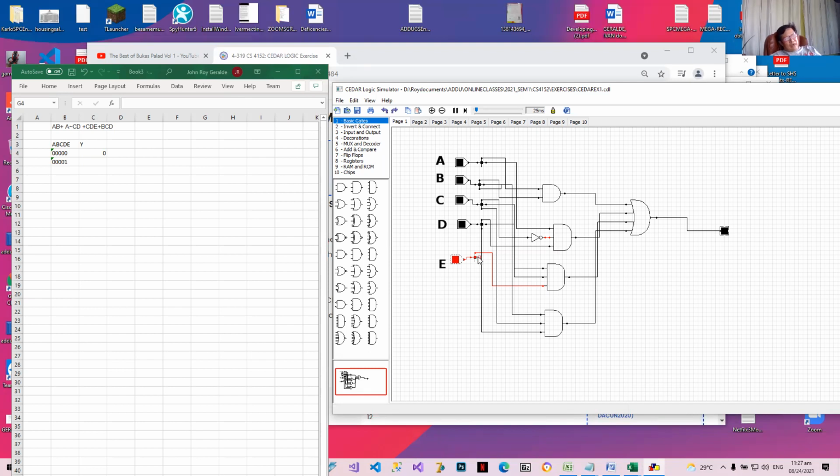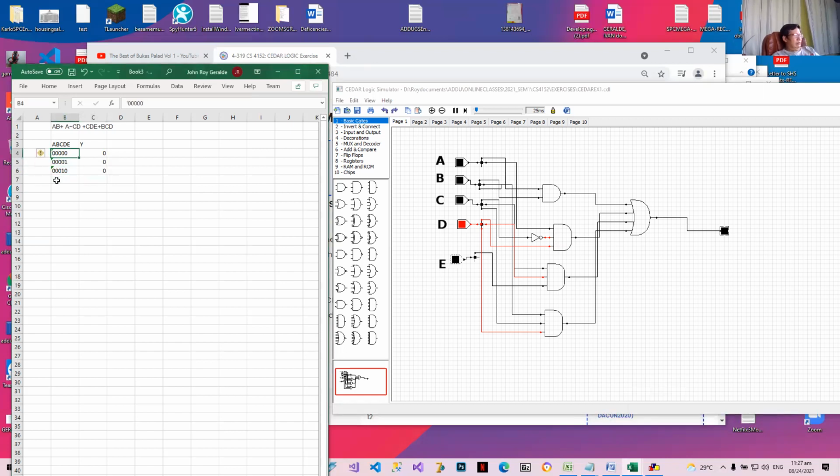Now take note that the lines will go red, which means these are the lines that are activated every time you activate an input switch. Okay? And then we will have 0, 0, 0, 1, 0. Okay? So what's the result? So both zeros. Then we will have, let's make a long story short, 0, 0.